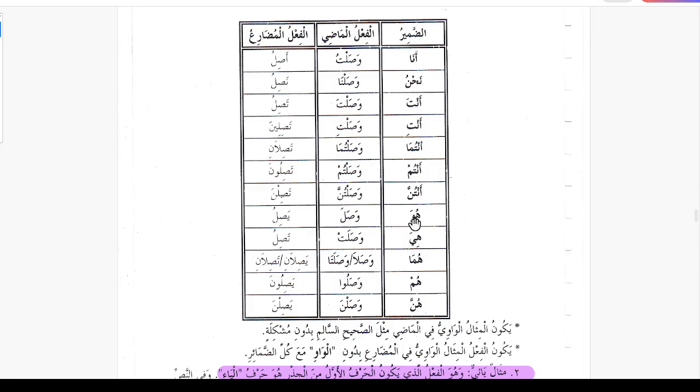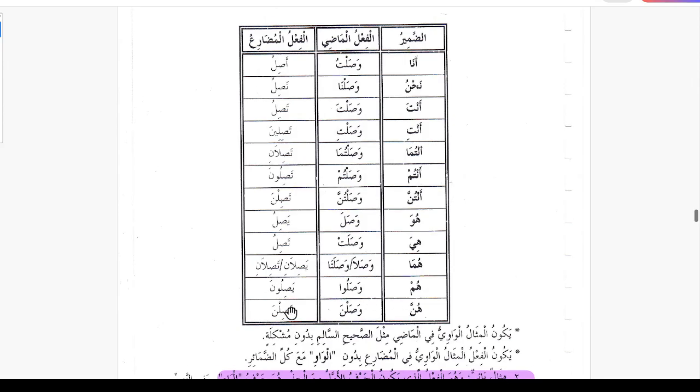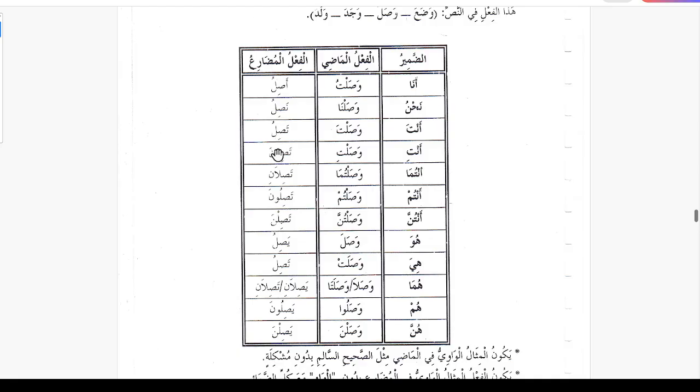So if we do the conjugation starting from the third person, huwa yasilu without waw, huma yasilani without waw as the first radical, hum yasiluna, hiya tasilu, huma tasilani, hunna yasilna, and then anta tasilu, antuma tasilani, antum tasiluna, anti tasilina, antuma tasilani, antunna tasilna, ana asilu, nahnu nasilu.